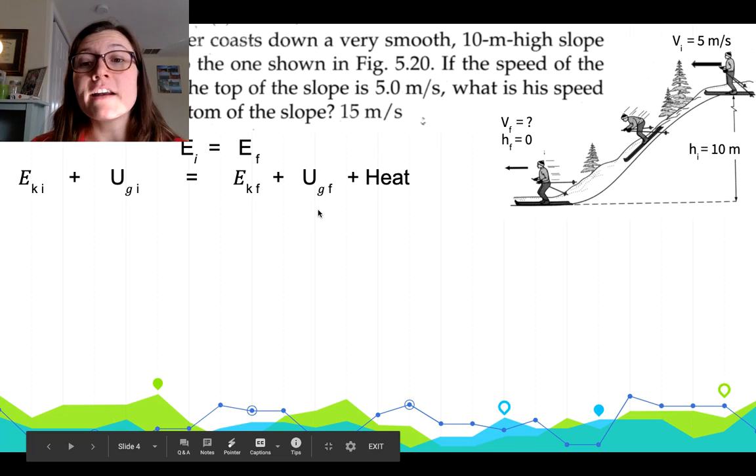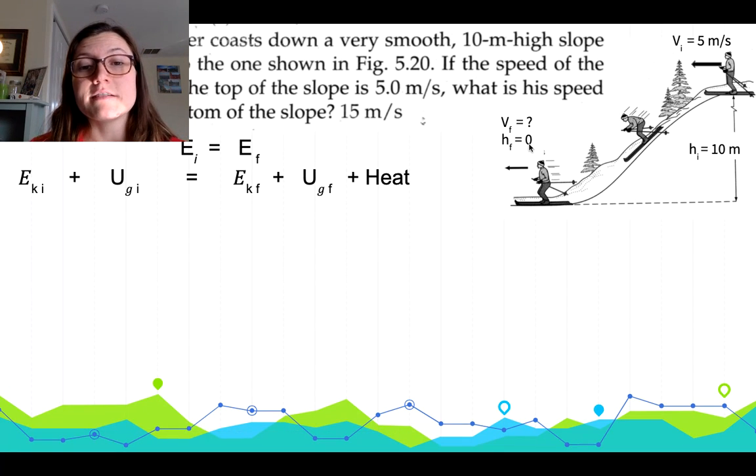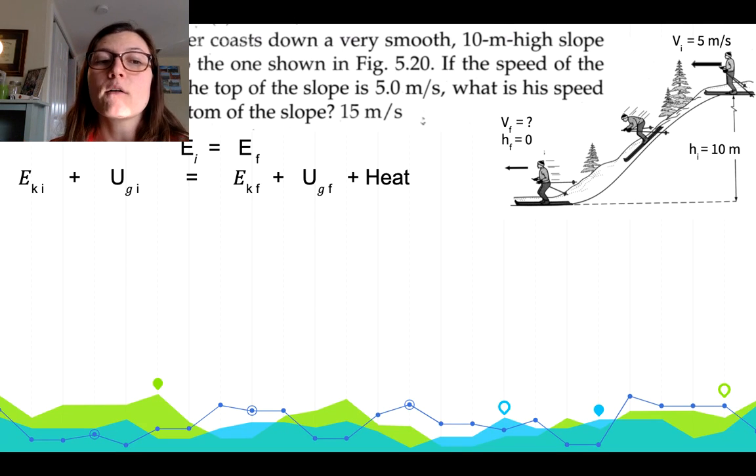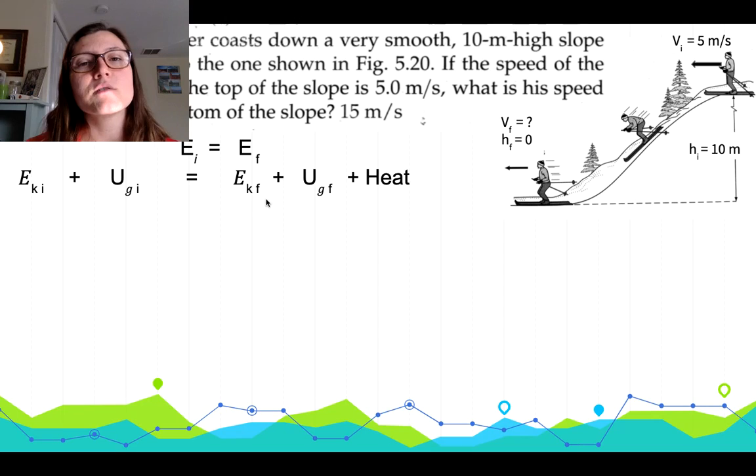We know that the final height is 0, so we can cross final potential energy out of the equation. Mass times 9.8 times 0 will give us 0. We will have, however, initial kinetic energy, initial potential energy, and final kinetic energy, so we cannot cross those out. So we'll fill in what we know.